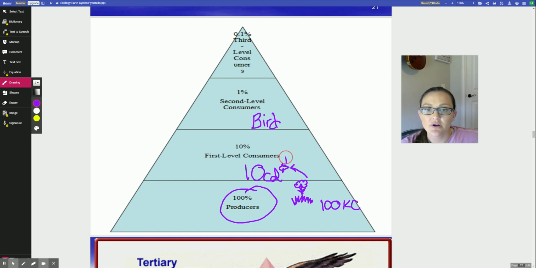So I am a bird. I am eating that insect. How many of the 10 calories from the insect am I going to absorb? 1. I get 1 calorie. So of the original energy that started as grass, I am now only absorbing 1 of those calories.